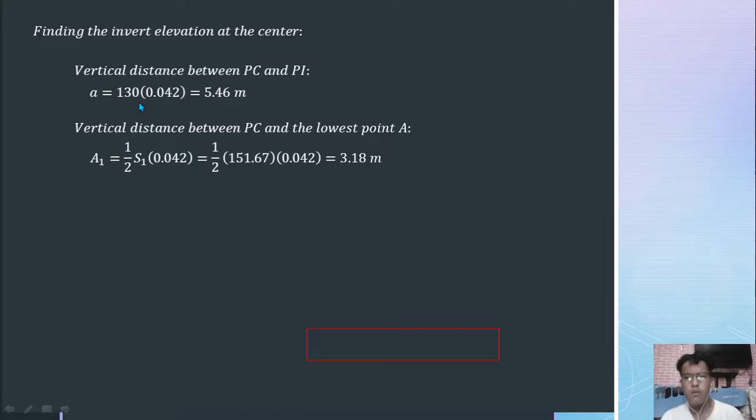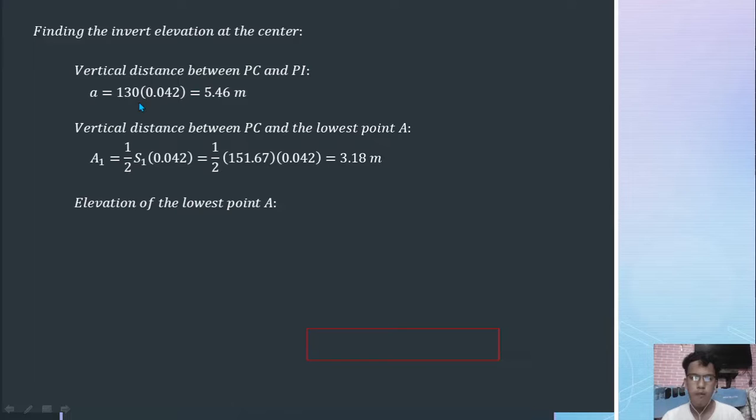So we have to find the value of A sub 1, which is equal to 1/2 S1 times 0.042, where S1 is 151.67 meters.